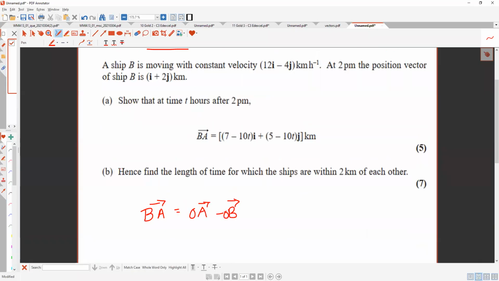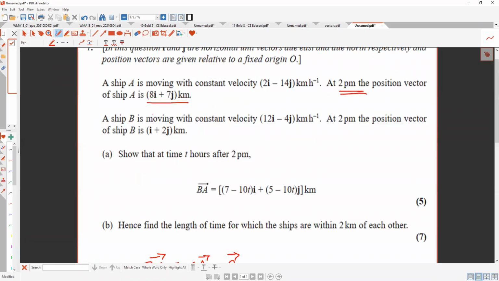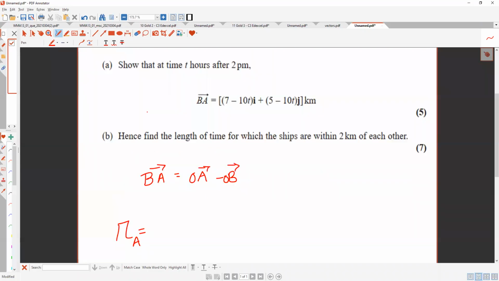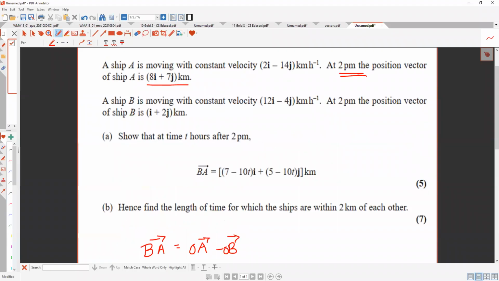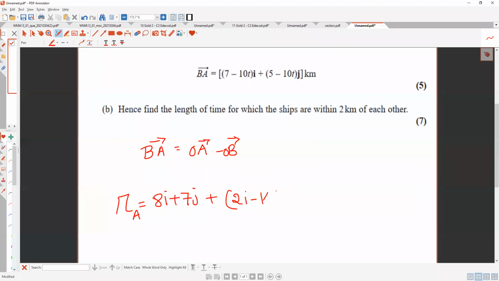So the equation for A is r equal to, and I'm writing A over here. The initial position vector of A is 8i plus 7j, plus velocity. What's your velocity? 2i minus 14j, into t.